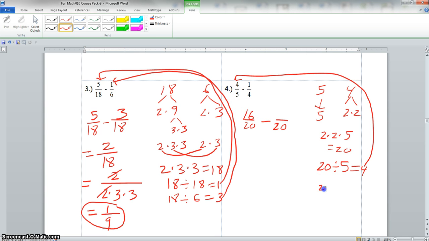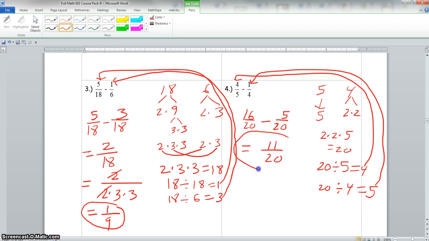Now we take the new denominator divided by the original denominator, or old denominator. 20 divided by 4 is 5. So we would take this 5 here and multiply it by this 1. 5 times 1 is 5. Now our denominator stays 20, and 16 minus 5 is 11. So our final answer here is 11 over 20.